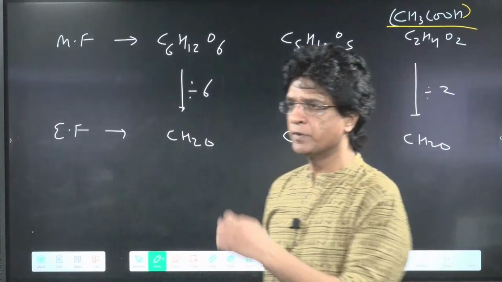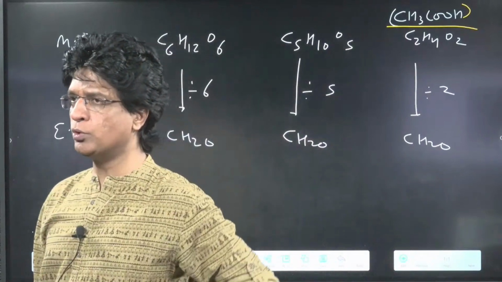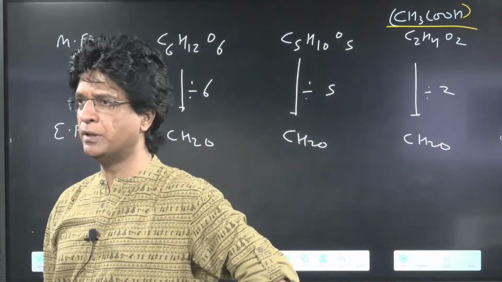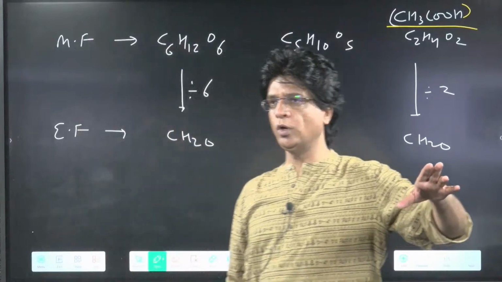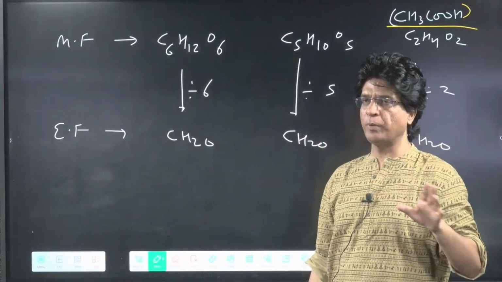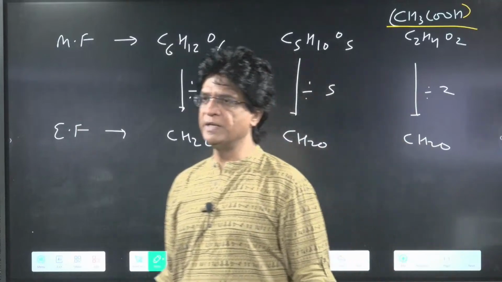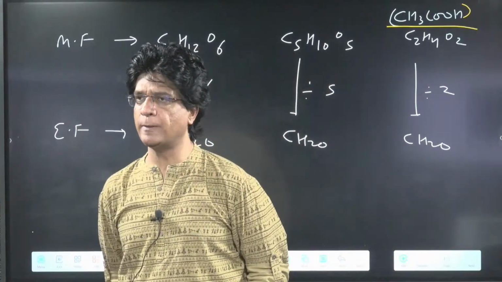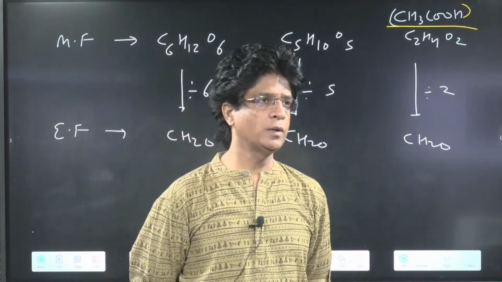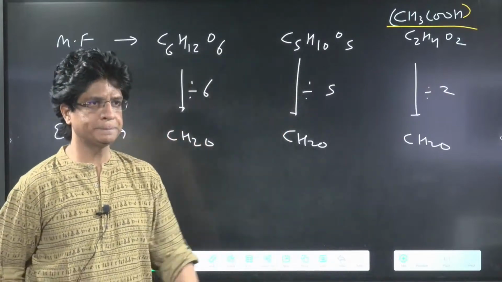Everyone getting that? Is it CH2O2? No, it is CH2O. Check it out. All of you getting CH2O? The simplest possible integral ratio of the atoms present in a molecule is called empirical formula.